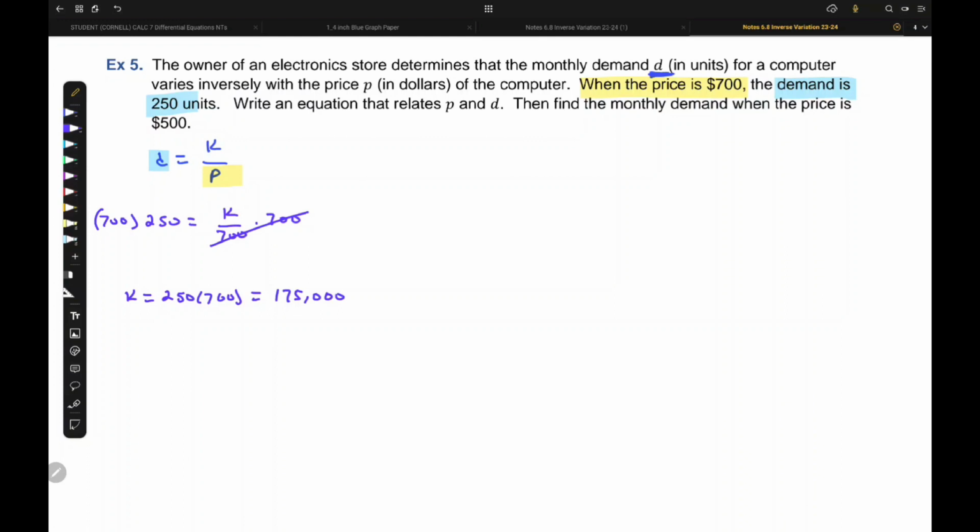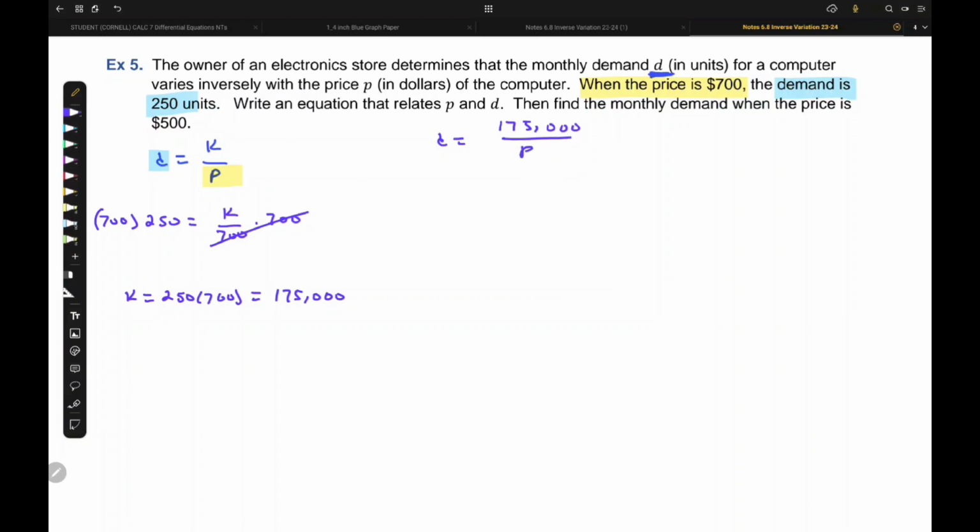That's a pretty interesting constant of proportionality. That's a big number. That's okay. We're going to get some big numbers with some of this stuff. So let's rewrite our equation. So we have D, the demand, is equal to 175,000 over P.